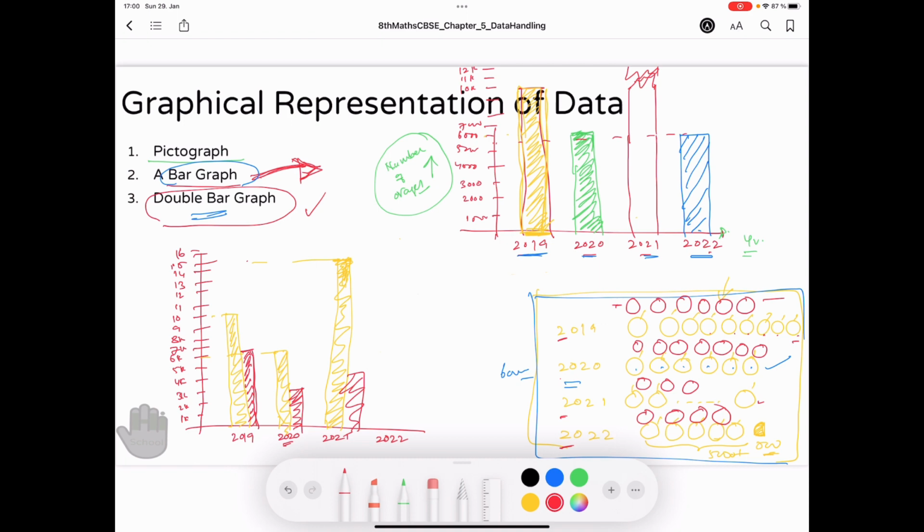This is how we are representing two sets of data: the yield of oranges and apples in different years, starting 2019 and ending with 2022. For the given 4 years we are tracking the yield of oranges and apples, so we have two sets of data, and both sets we are representing in one graph, and that graph is a double bar graph.